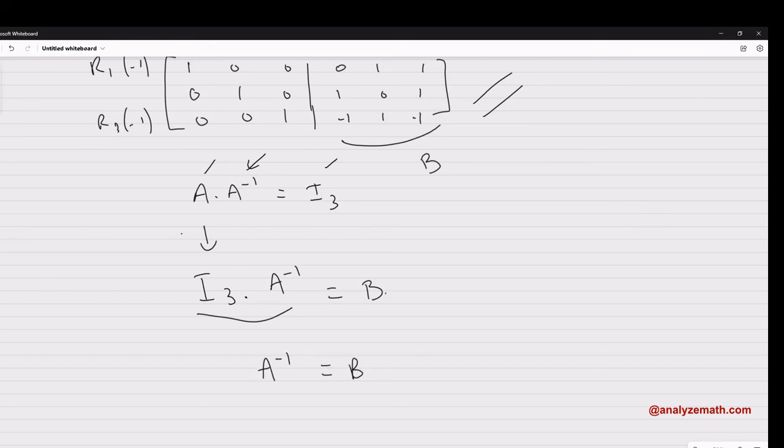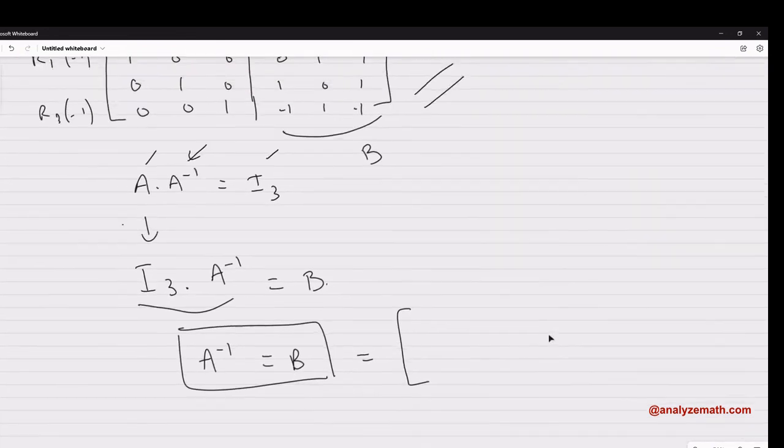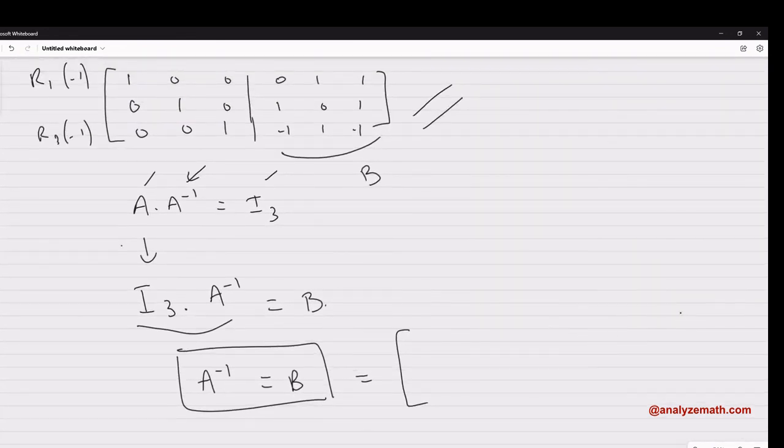So A inverse is equal to B, which is the matrix 0 1 1, 1 0 1, -1 1 -1.